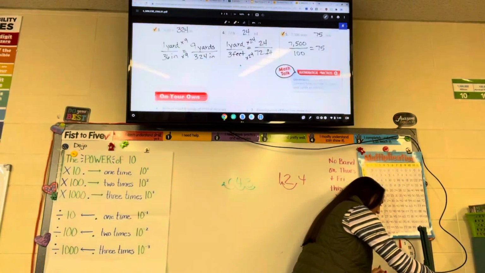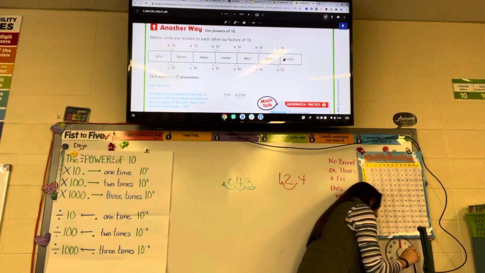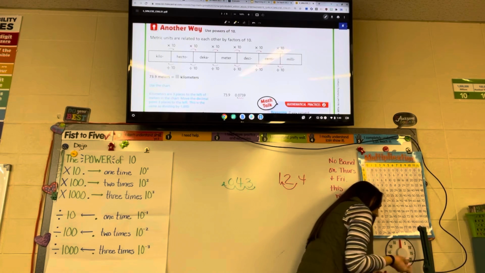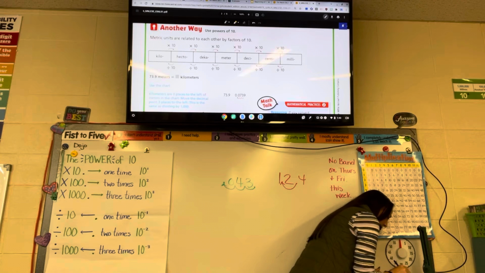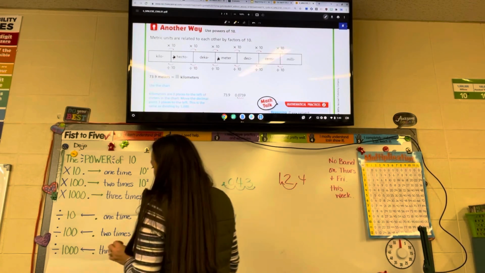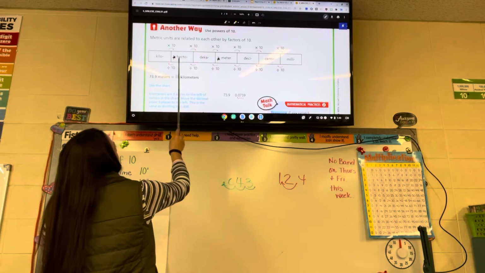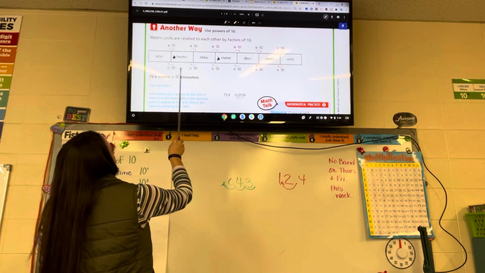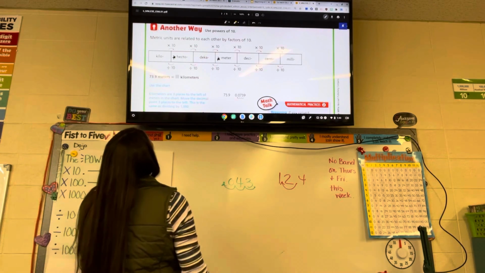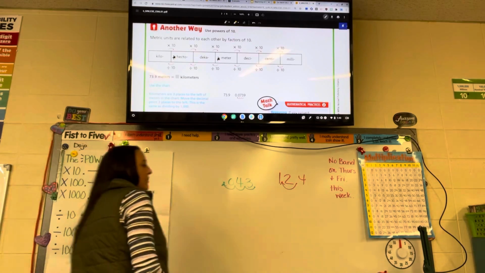So let's remember that. Go back up here. We're starting here and going to hectometers. So Melanie, what do we have? Do we divide or multiply? Divide, because to get from here to here, we're going to have to use these arrows. And what are we going to divide by? 100. Very good, Melanie.